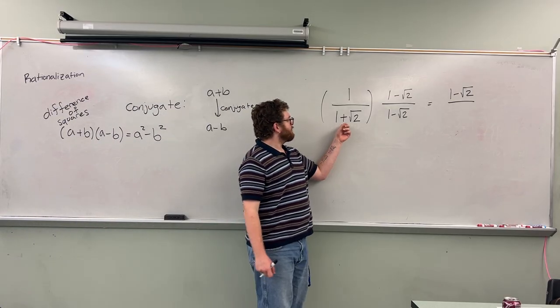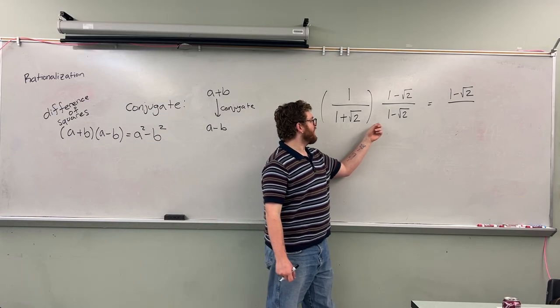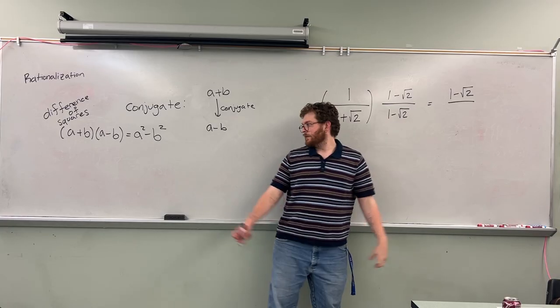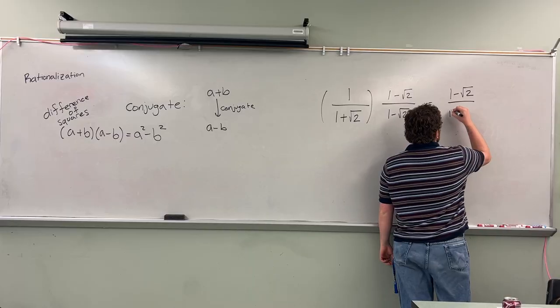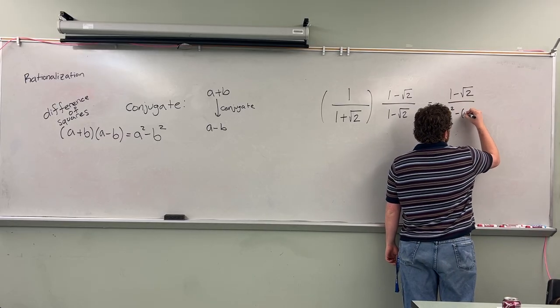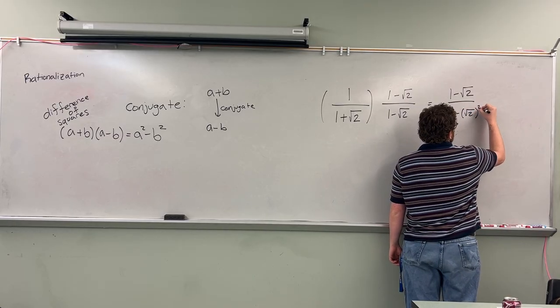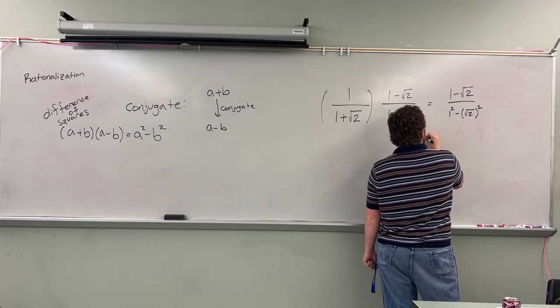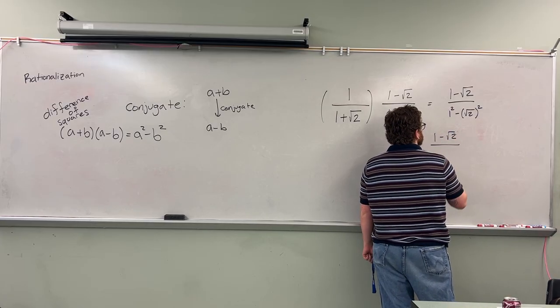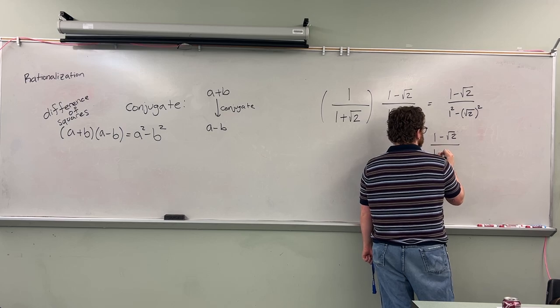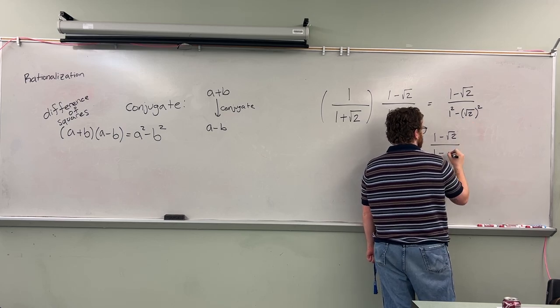So I've got a plus b times a minus b. It's going to be difference of squares. This is going to be 1 squared minus the square root of 2 squared. That's 1 minus root 2 on the top. I haven't touched that yet. 1 squared is 1. The square root of 2 squared is 2.